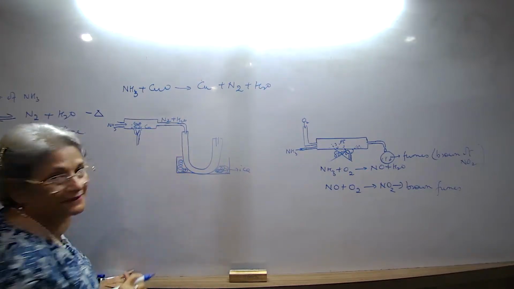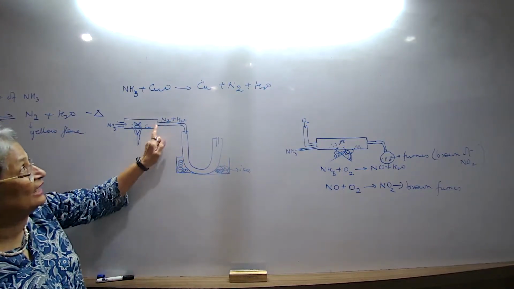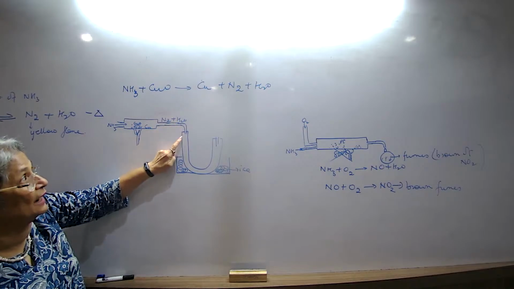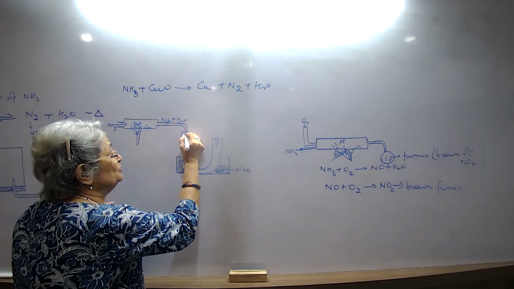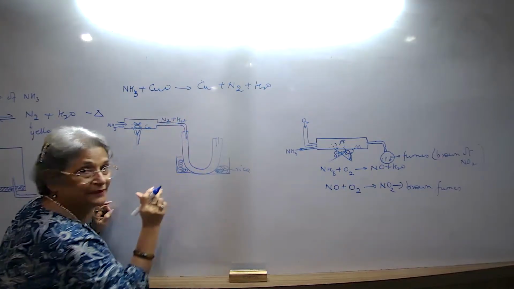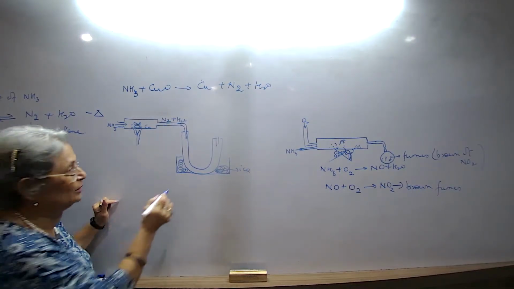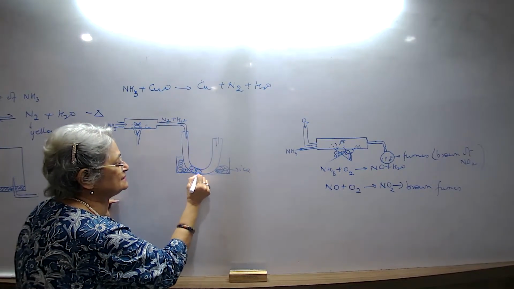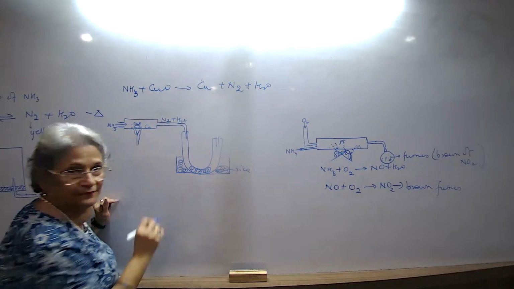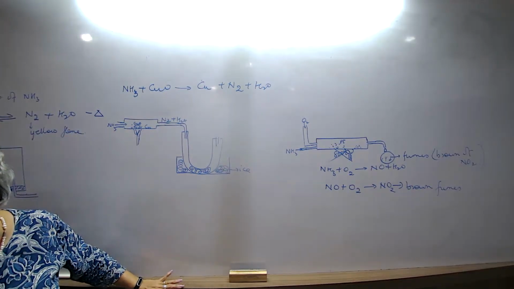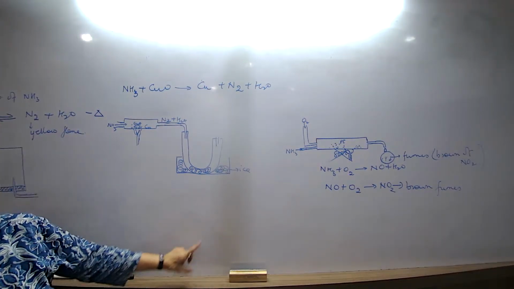If nitrogen and water are coming through this U tube, what is going to happen? Water will get frozen. Correct? Water is going to form ice, so easily.